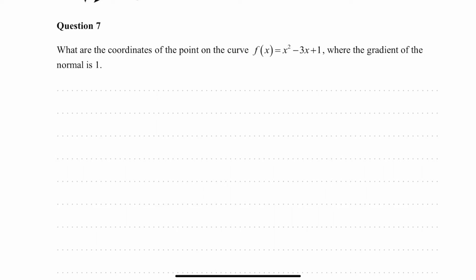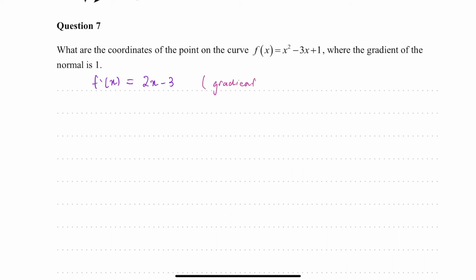In this one, what are the coordinates of the point on this curve where the gradient of the normal is 1? If we differentiate this, we get 2x minus 3. So this is our gradient function. Now remember, this gives us the gradient function of a tangent.